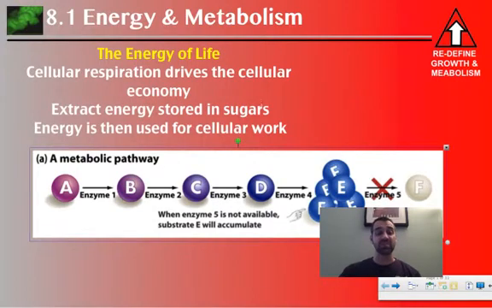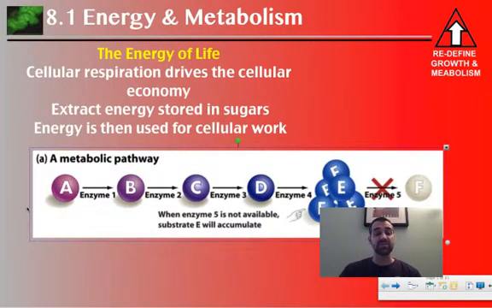And what I want to draw your attention to here is that we've got molecule A that's going to be converted by enzyme 1 into product B, and then product B becomes the next reactant for enzyme 2, which turns B into product C, which then becomes a reactant for enzyme 3 to turn to product D.